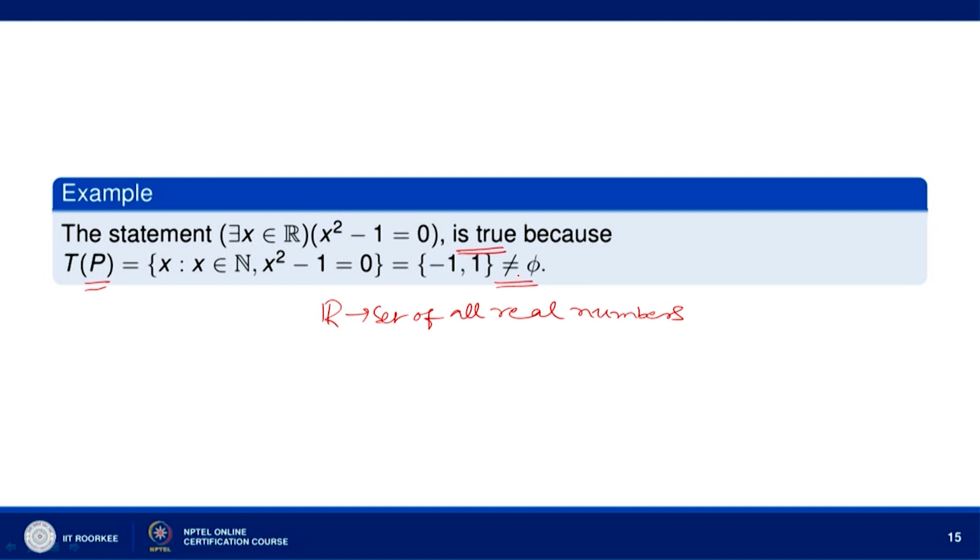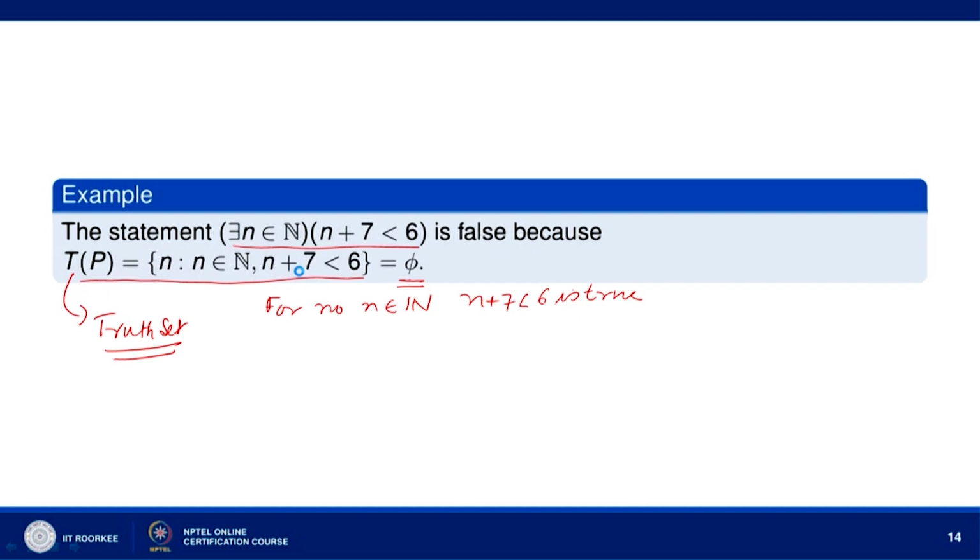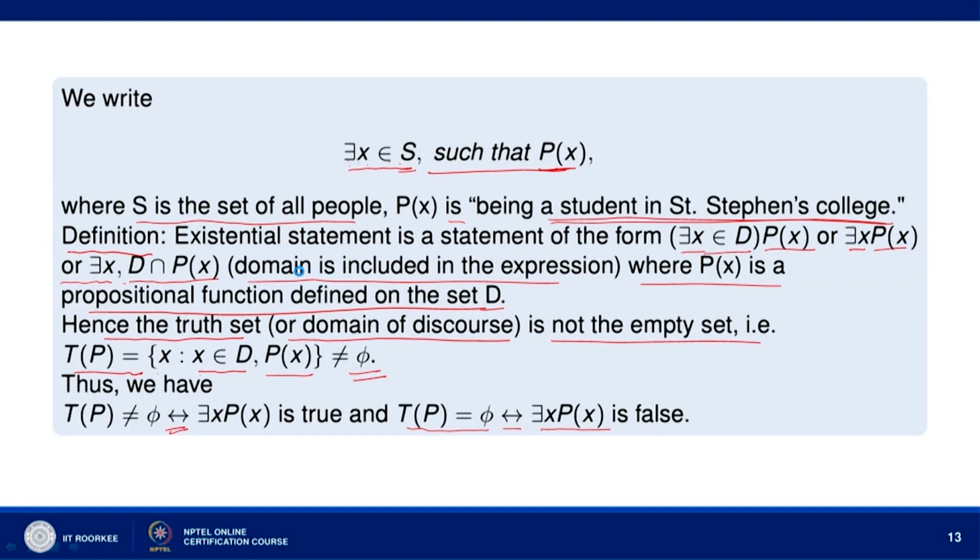T p is the set containing minus 1 and 1, because for x equal to minus 1 and x equal to 1, x square minus 1 equal to 0 is satisfied. So when T p is not equal to phi, the existential statement is true.